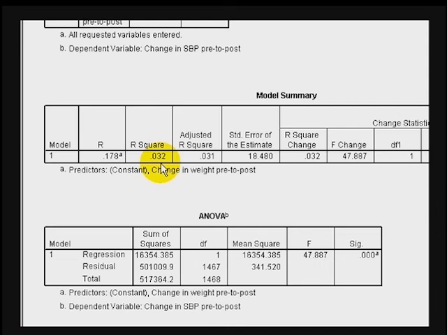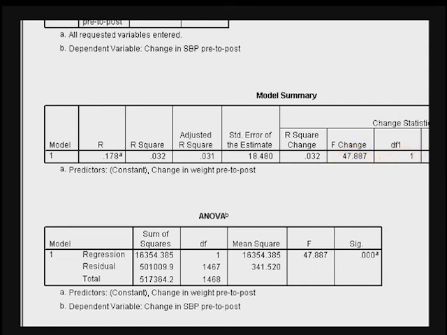So this is a pretty long way from 1.00, so there isn't a whole lot of effect of change in the weight on the change in the systolic blood pressure. The F change, and this is what we're going to be looking at next time about the statistical significance, is the F ratio with the change with 1 degree of freedom.